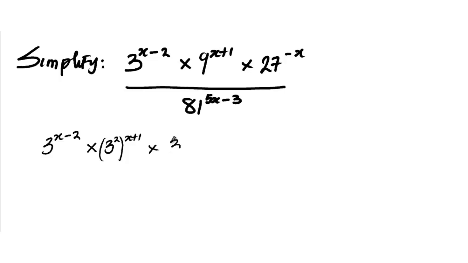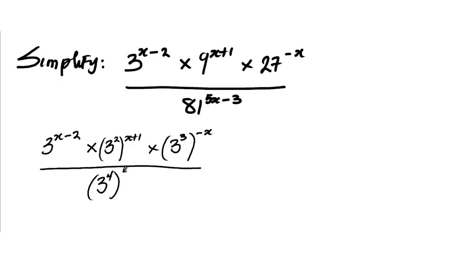So that will give us 3 raised to power 3 into bracket minus x, then divided by 81. 81 basically should be 3 raised to power 4, yes.